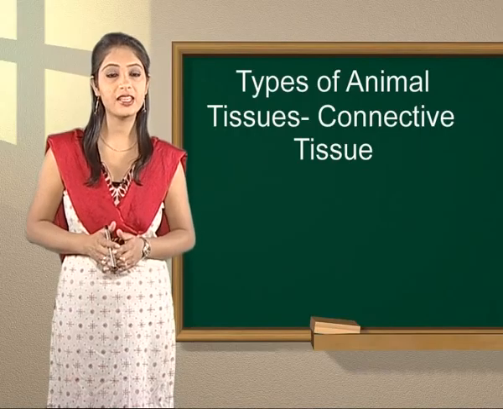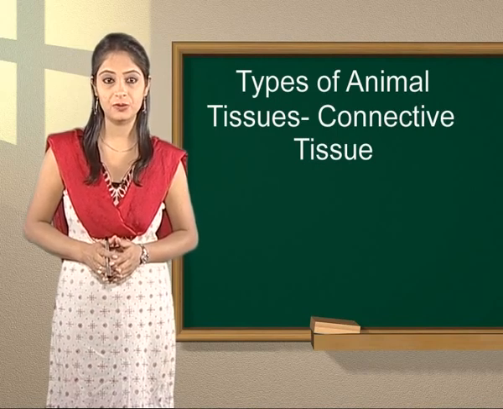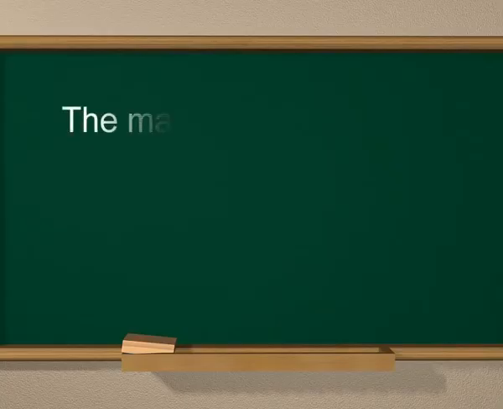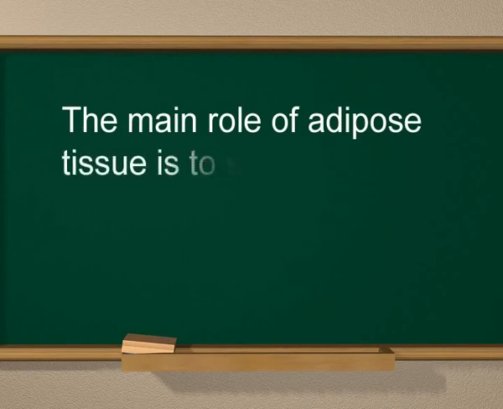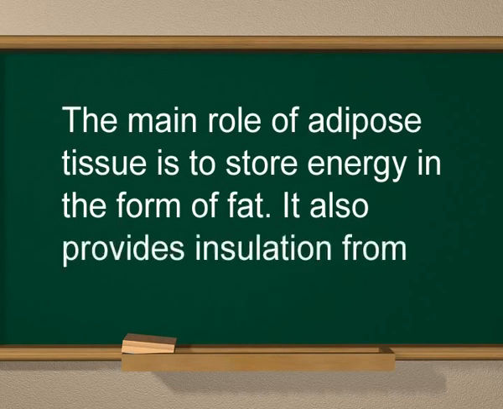The next question is, what are the main functions of adipose tissue? Answer is, the main role of adipose tissue is to store energy in the form of fat. It also provides insulation from heat and cold.